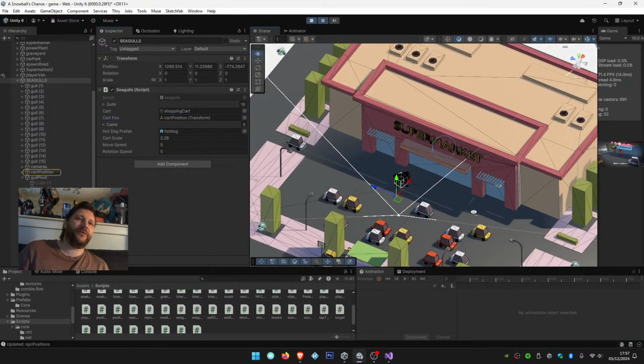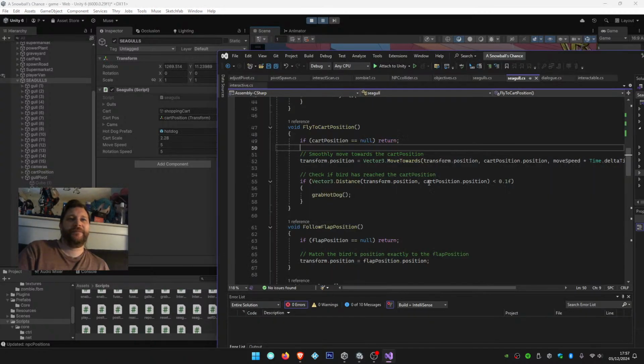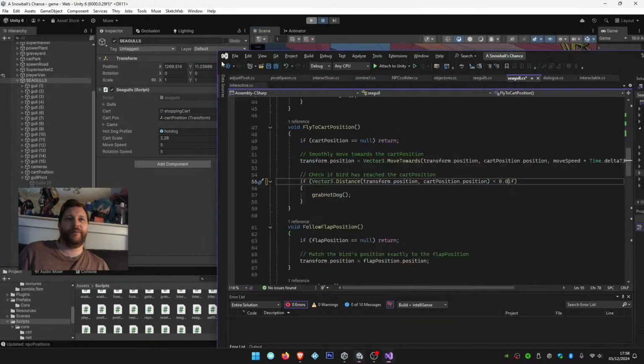So they should fly towards the cart, which they were doing, but distance transform less than 0.1 F, and they just disappeared immediately. Let me just try turning that down a little bit.